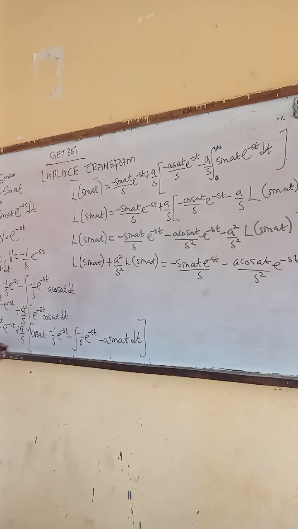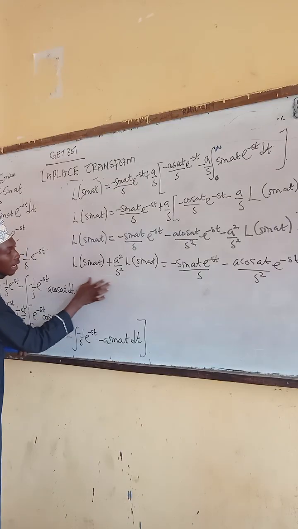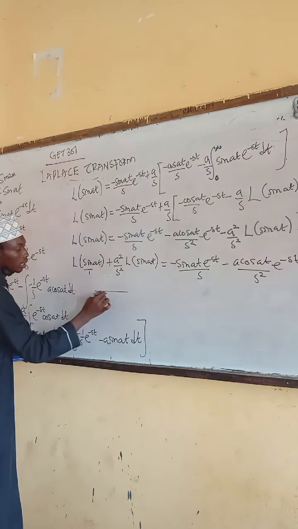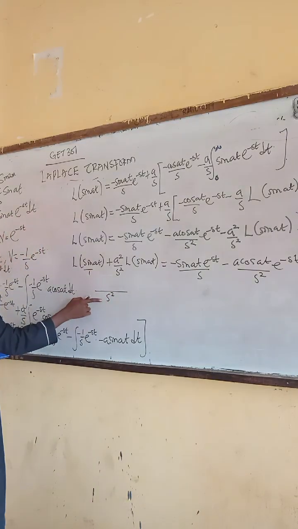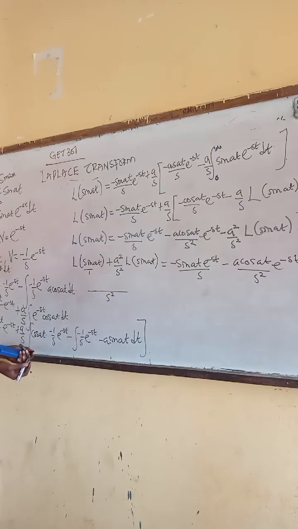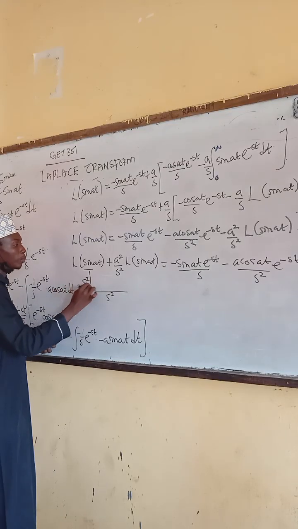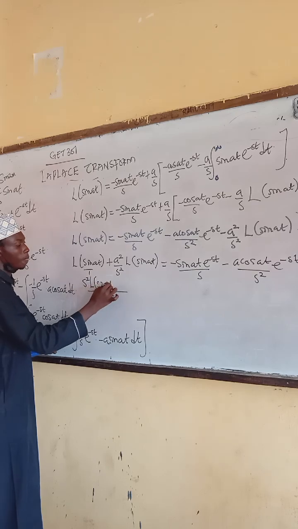Now from this place, what are you going to do to get your s square at this place? You know this place can be like over 1, right? s square. So 1 in s square, what do you have? s square times Laplace of this, you have s square Laplace of sin(at).